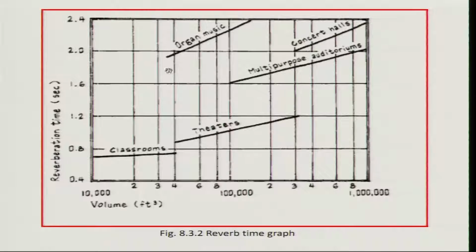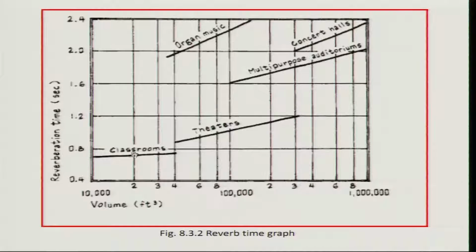Based on a lot of experiments and experience, people have said that given the size of a room and also its application, there is an optimal reverberation time. If the reverberation time of your room is close to that optimal number, then your room has been correctly designed. If the reverberation time is significantly different, then maybe you have to change the layers and the surfaces of your room so that it is consistent with your requirements.